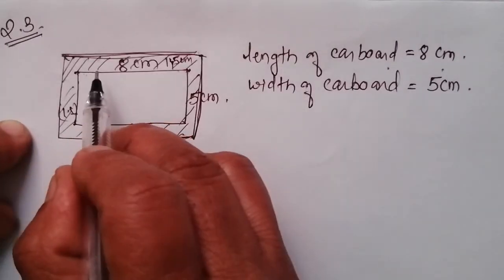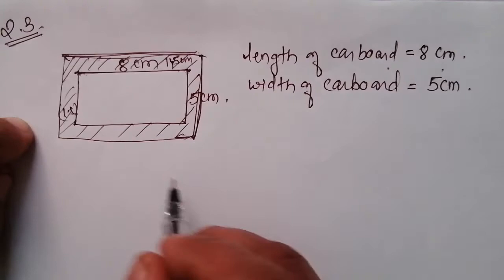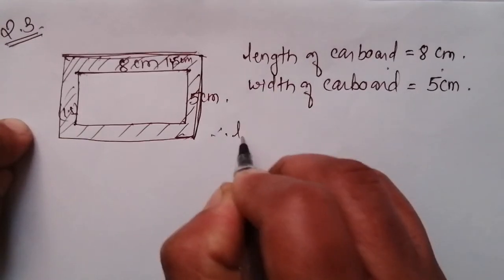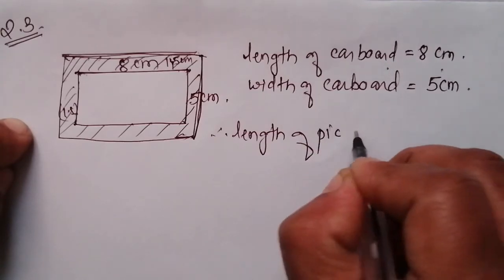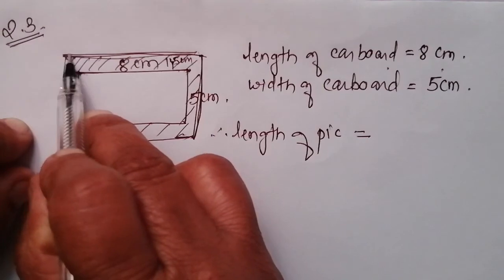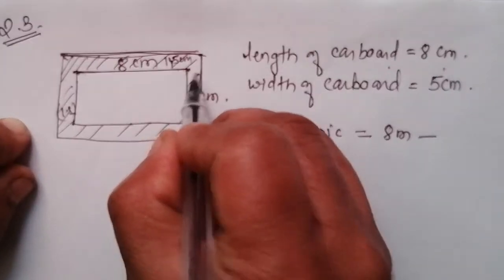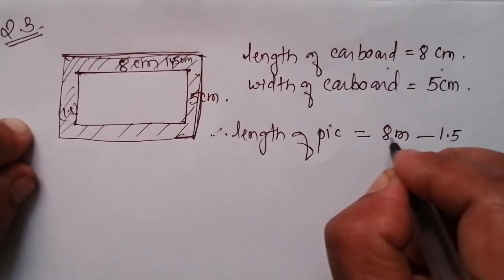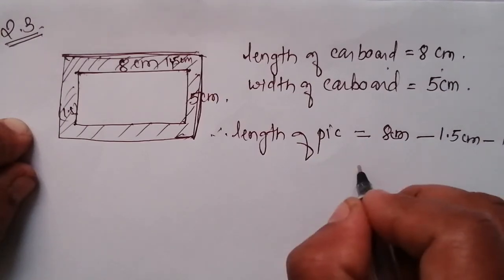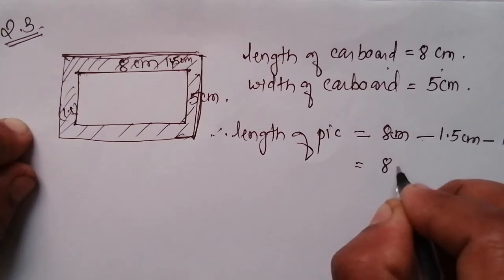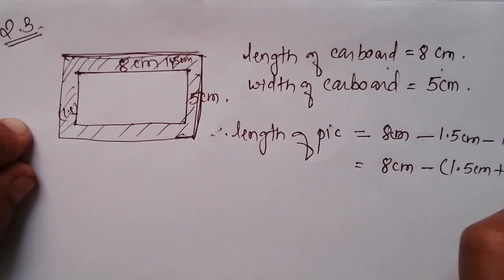Now here you have to find out the length of the picture. Now for that, the length of picture is equal to, this is 8 centimeter minus 1.5 centimeter minus 1.5 centimeter.